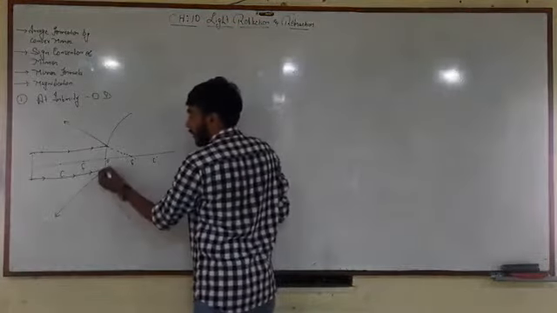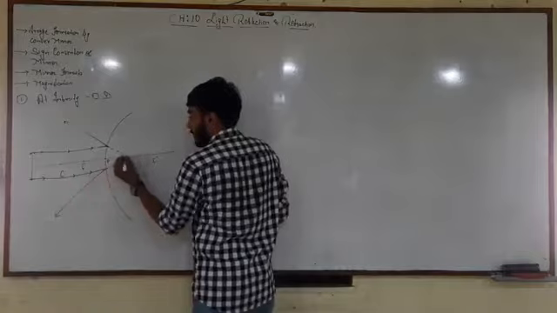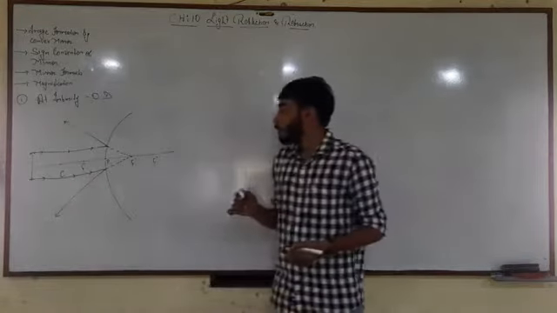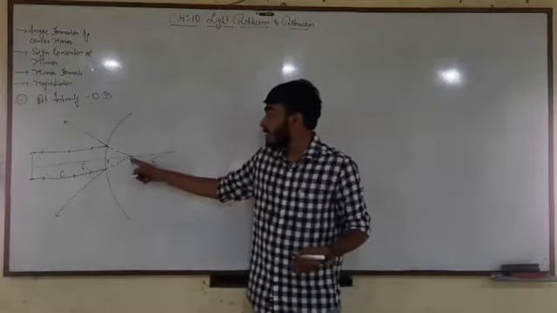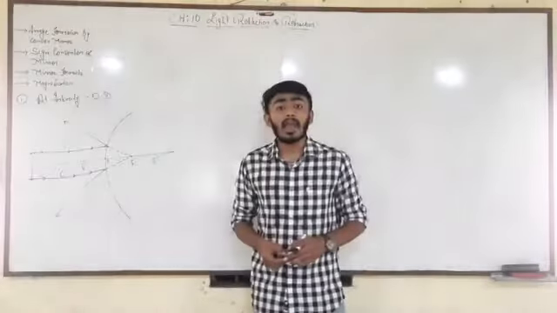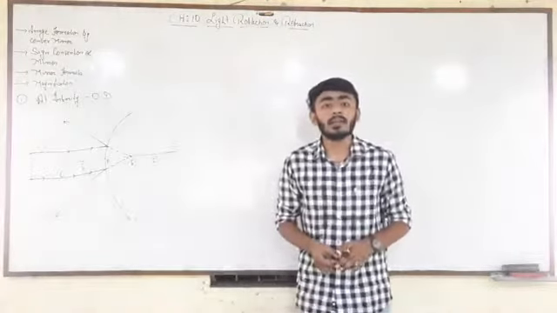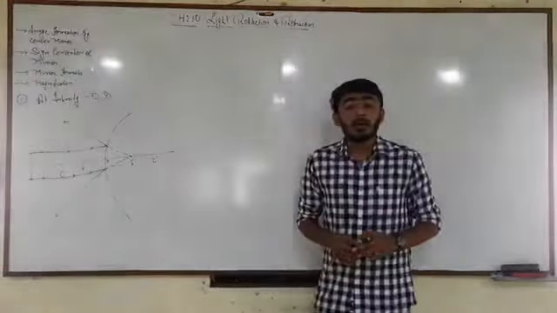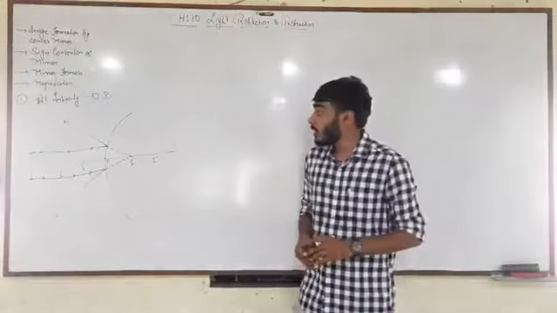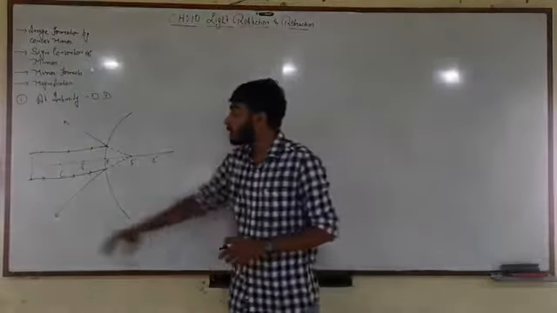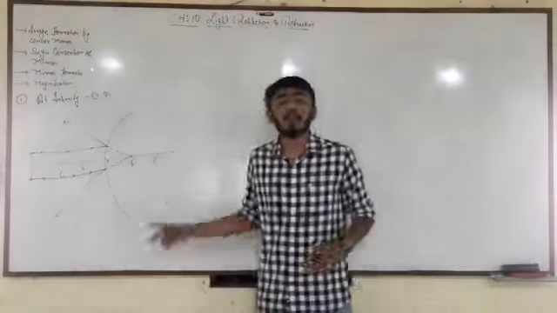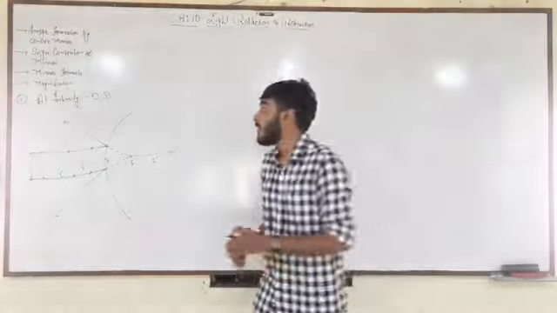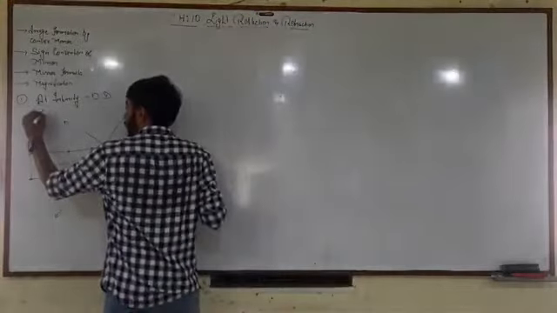Again, I am also drawing an imaginary line passing through the same incident ray over here. So we can see that it is intersecting at the other focus, that is behind the mirror. Okay, so here you can see that if the object was kept at infinity, the image formed is at the focus.